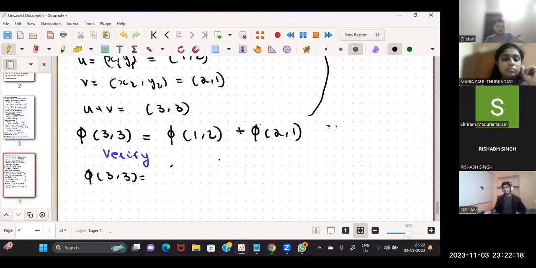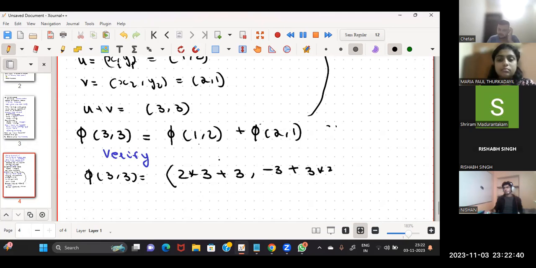Either you can do side by side if you want, or you can take left hand side once and then right hand side once. Understood. So it is 2 times 3 plus 3, comma, minus 3 plus 3 times 3 minus 2.